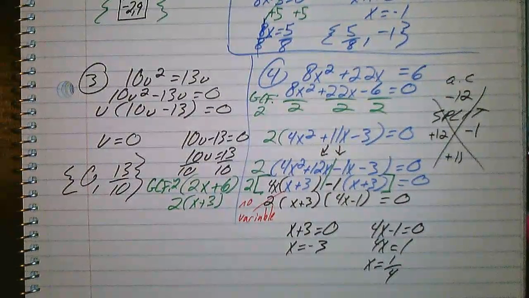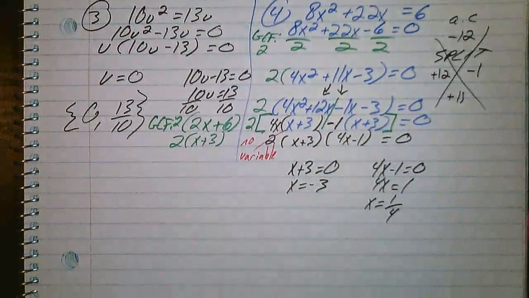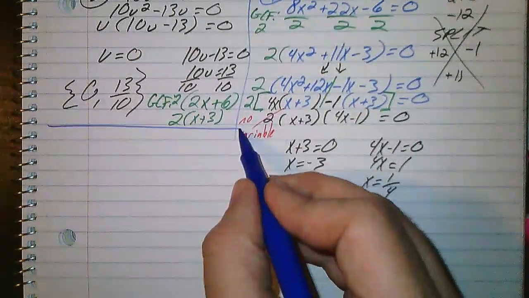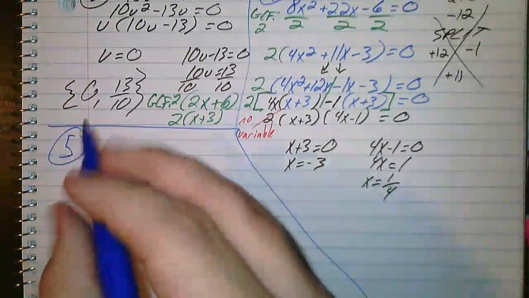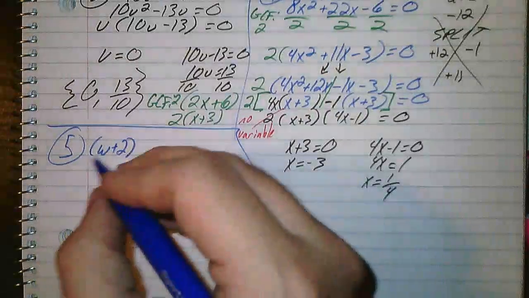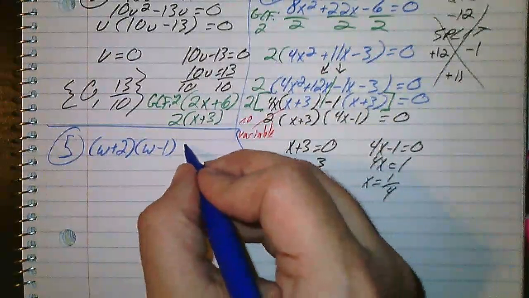So one more question here, and then we'll be done with 3.4. You might see something like this. W plus 2 times W minus 1 equals 4.